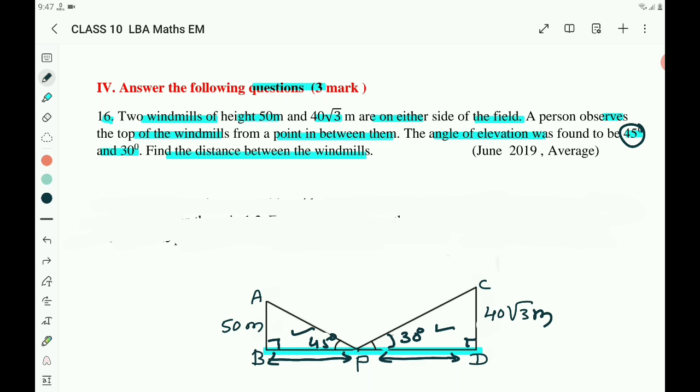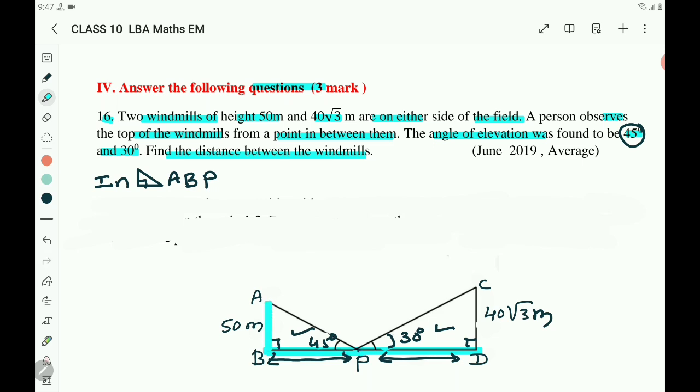So you take in the right angle triangle ABP. In the right angle triangle ABP, here AB is given. We have to find out BP.